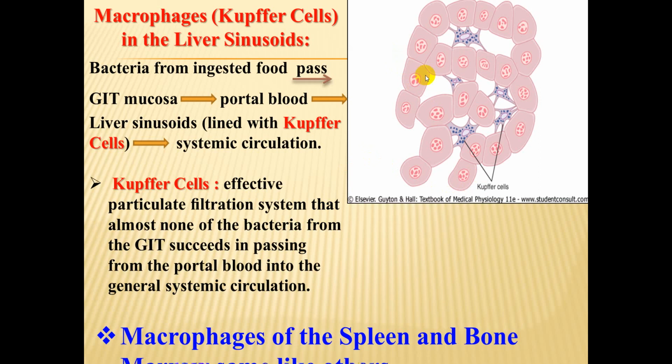Also, there are macrophages in the liver sinusoids called Kupffer cells.